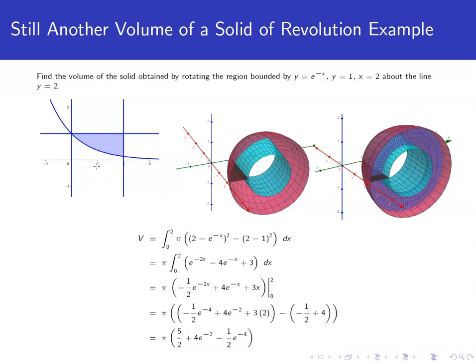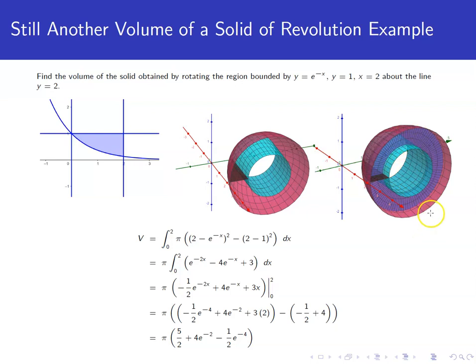When we slice this way and rotate around the axis of rotation, y equals 2, we get this washer going right through the middle of this cylinder. This bluish, purplish thing here is what that washer looks like.